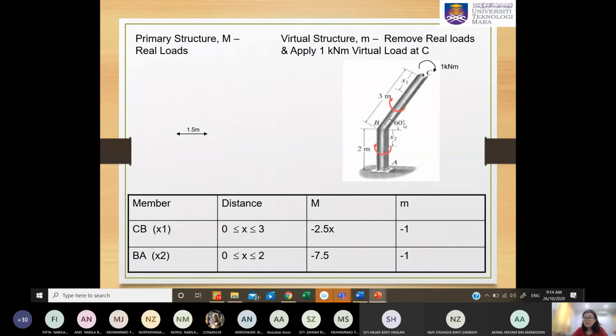Because if you can see that now we want to determine the rotational displacement at C, if you still remember what is the value of this. So instead of 1 kilonewton, we apply in terms of moment, 1 kilonewton meter. Class, do you get that?